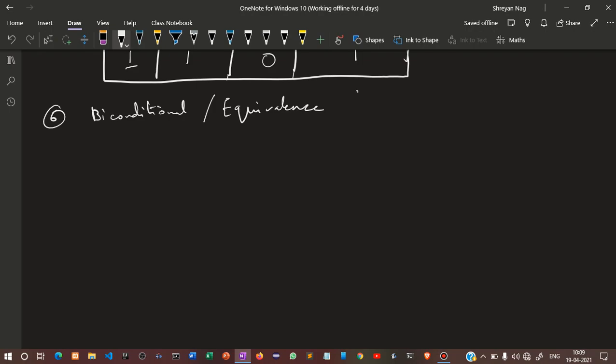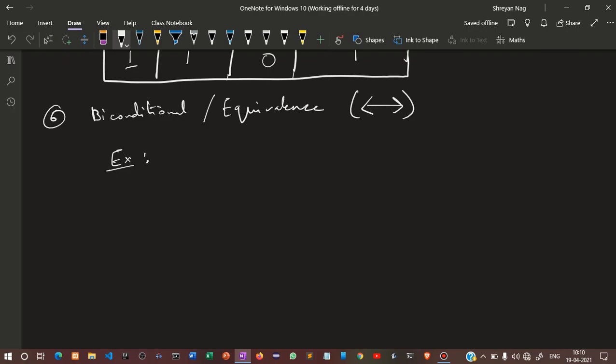It is represented by double arrow symbol, and it is saying that if and only if. So basically both the statements have to be same to become true. If and only if basically means that.